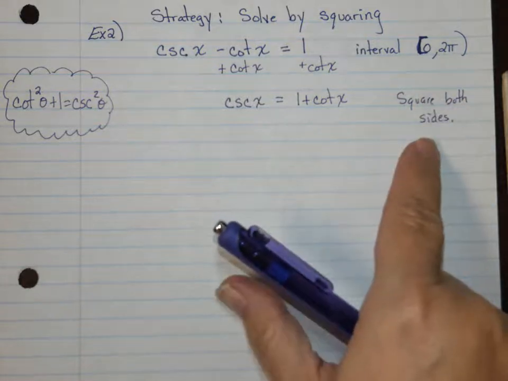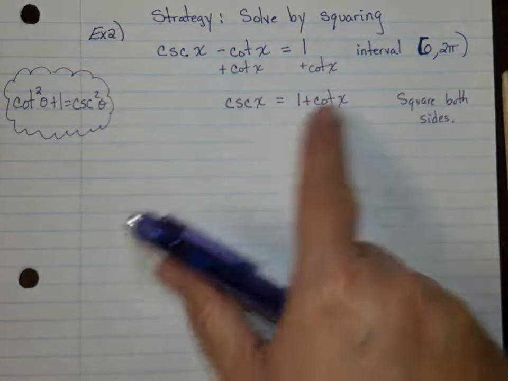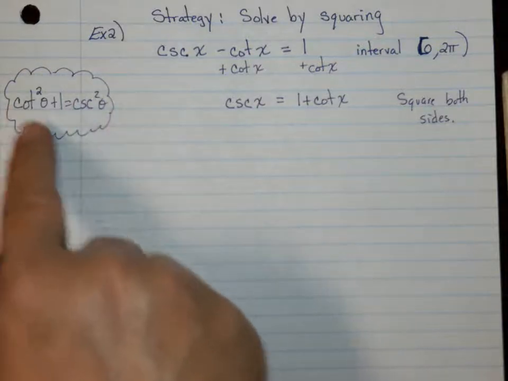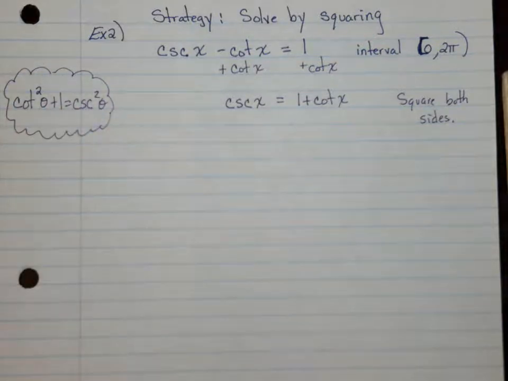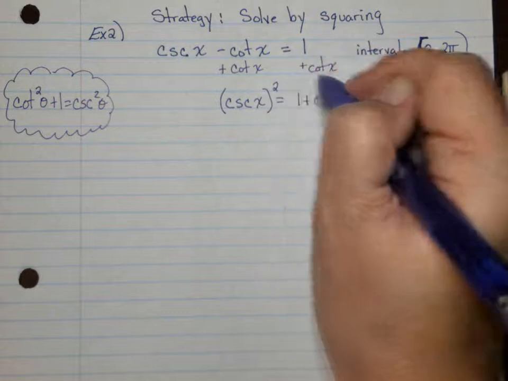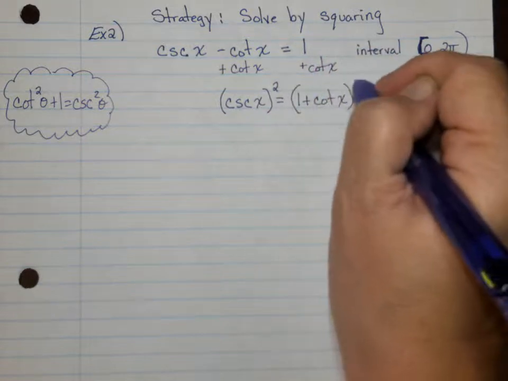Again, there is no indication looking at this that is what you should do unless you've got this Pythagorean identity in the back of your mind, right? You kind of have to have an idea of where you're going. So, we're just going to come in here and square this, and then square this side.